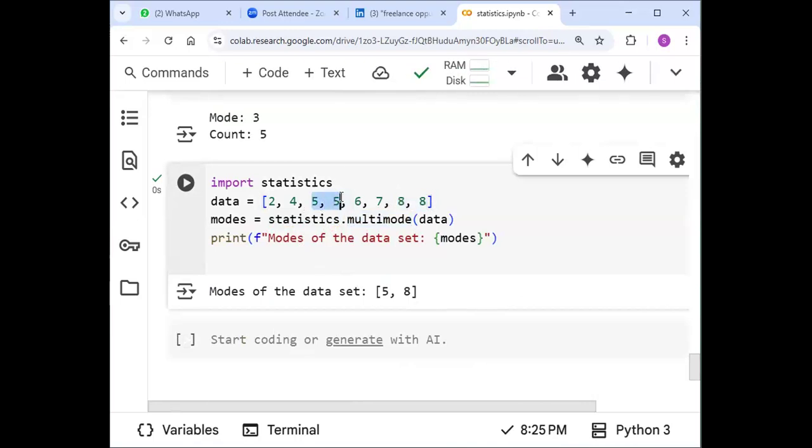Right now it is bimodal, since only 2 categories are there. If more than 2 categories occur with the same frequency, it is referred to as multimodal. To see more than one mode, you can make use of the multimode built-in function.